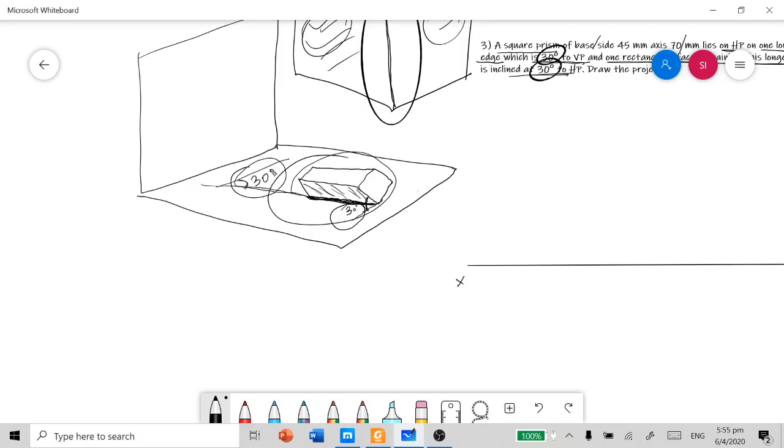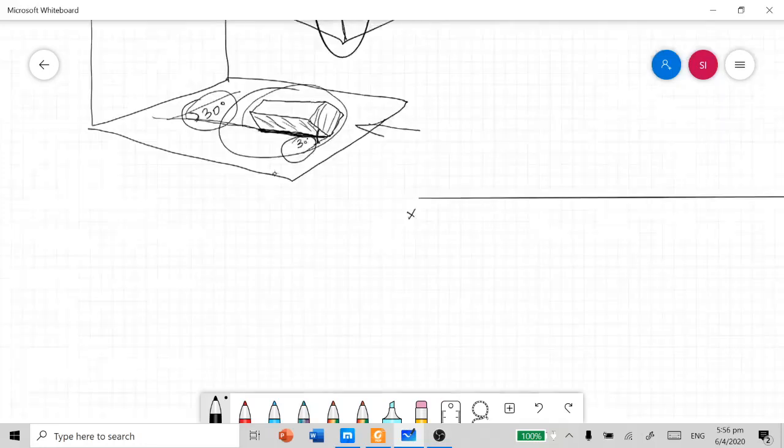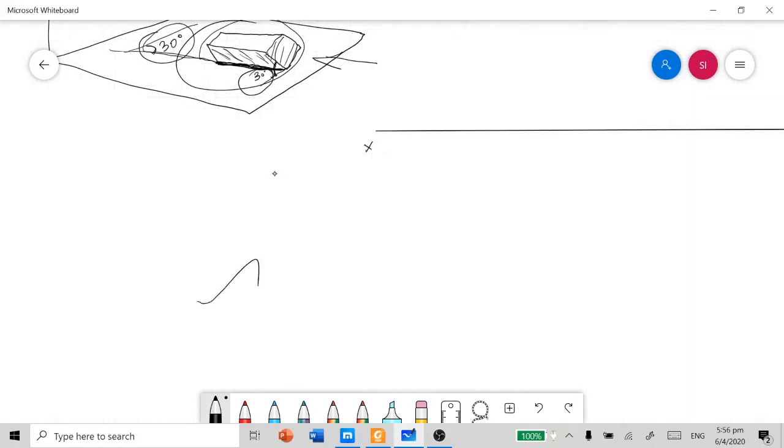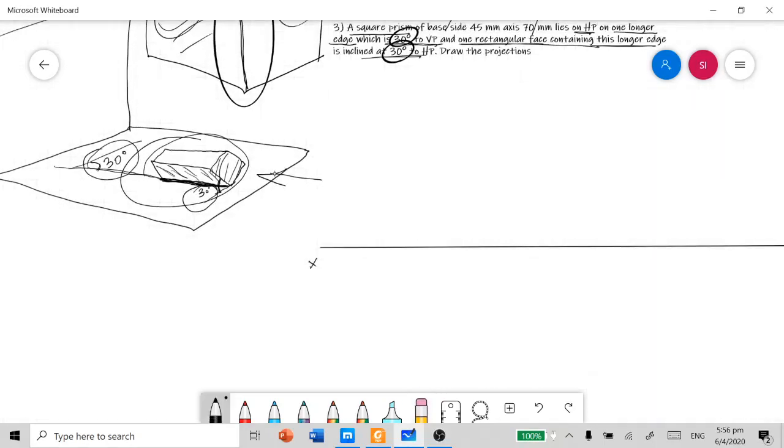If you do that, you can see the square base of the solid in the front view. So you can start the answer from the front view by drawing the base of the solid. Here the base view is simply a square.